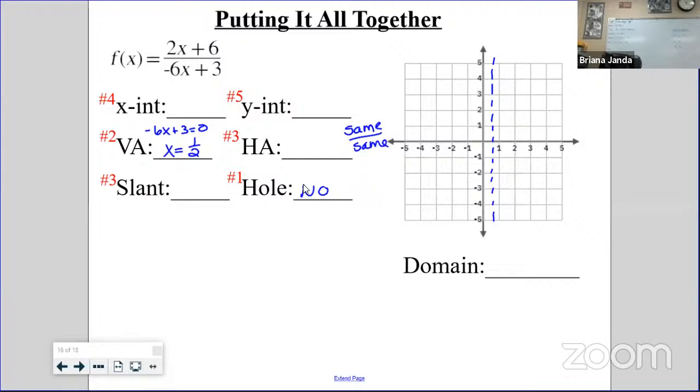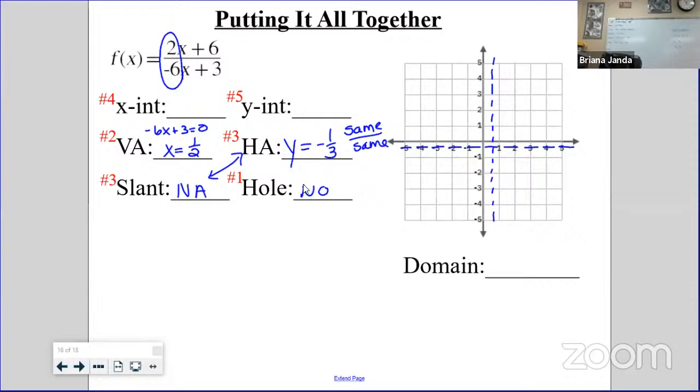Okay, so that's where we go again to our chart. And on a same over same, it says to use the ratio of the leading coefficients. So our ratio would be 2 over -6. 2 over -6 simplifies into -1/3. And it would be drawn down there about y equals -1/3.